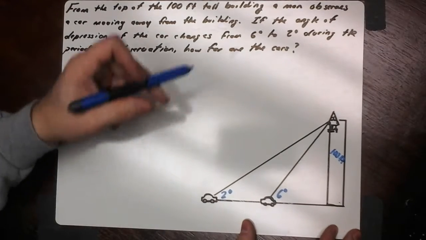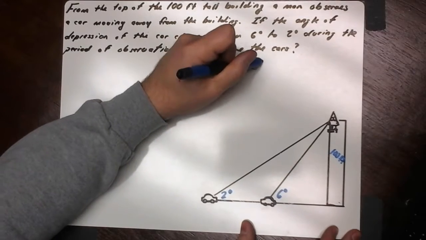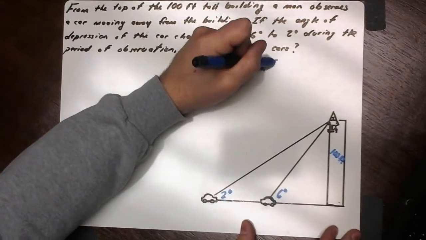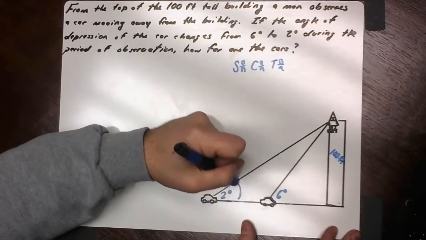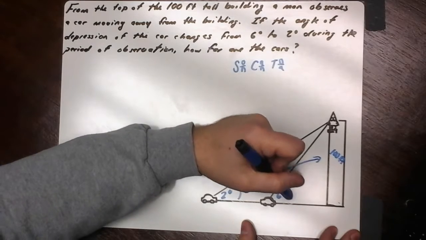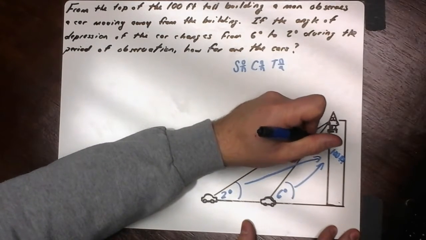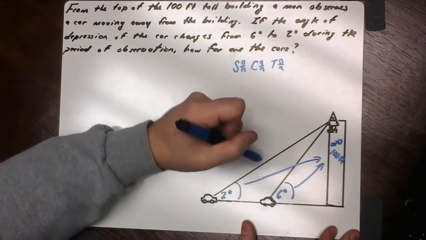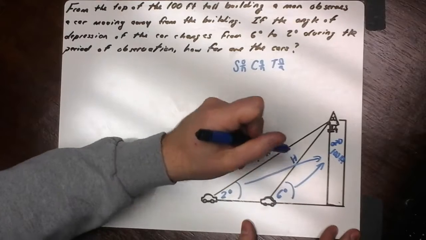Okay, so now before I even label it, I'm going to write SOHCAHTOA on the board. And then I'm going to label it. So this is opposite of both of these, right? So that's opposite. Now this is the hypotenuse here, and the hypotenuse here.